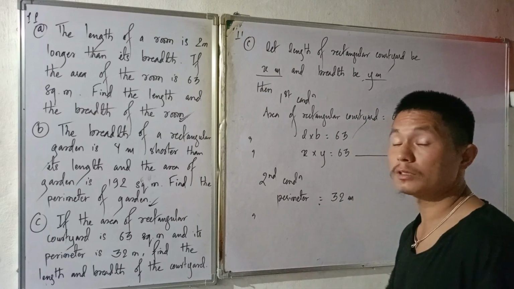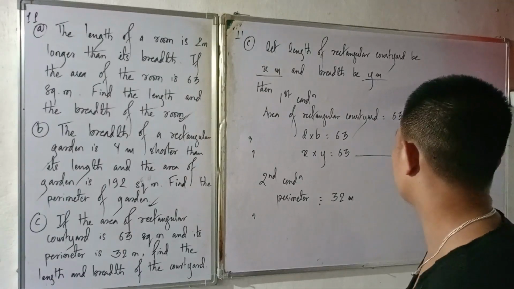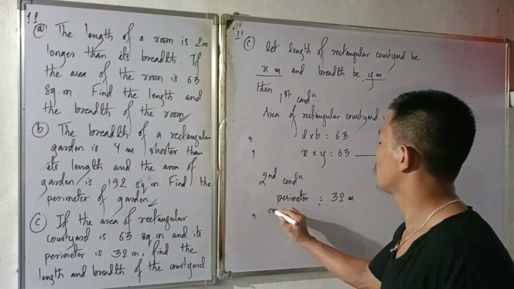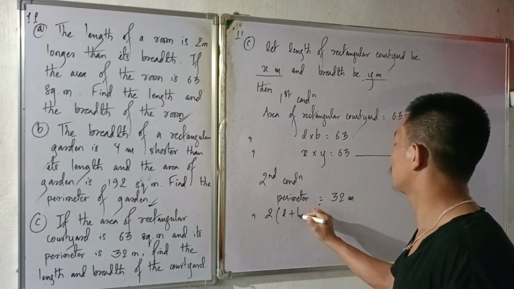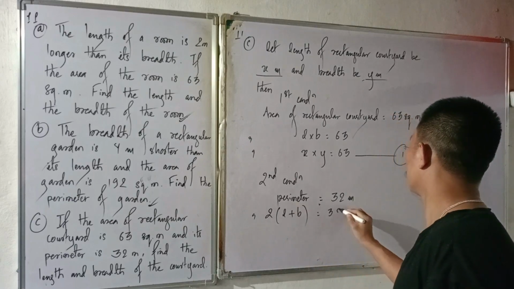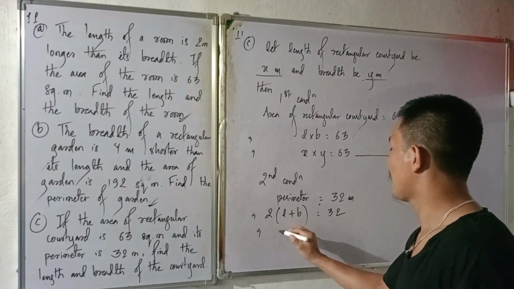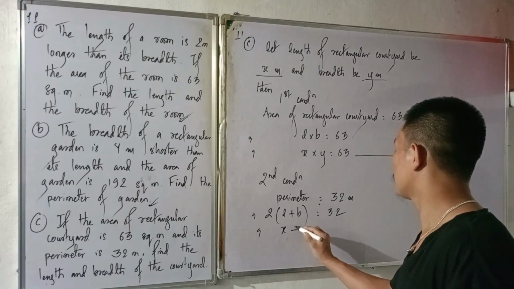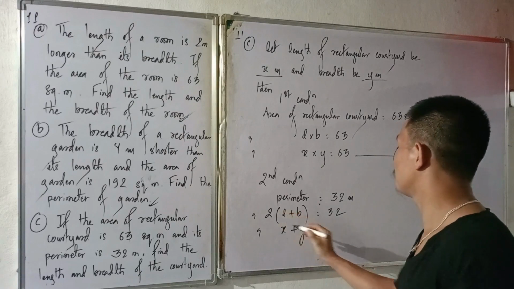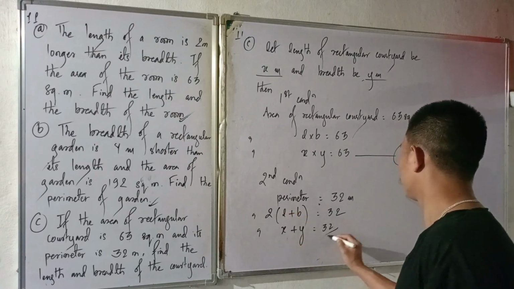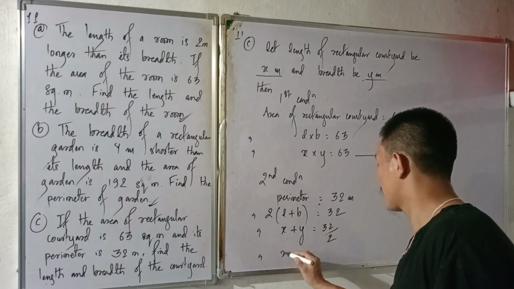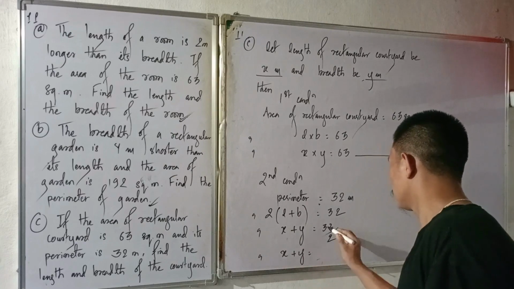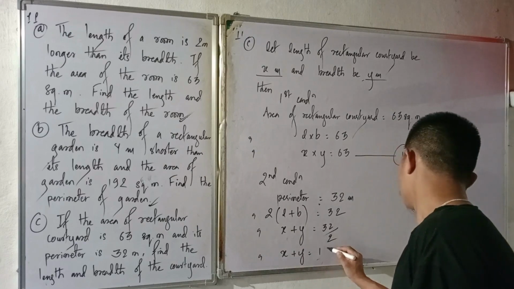So what is the formula for the perimeter of a rectangle? 2 times L plus B. You just use the formula, and L we have x, and B we have y. Let's move the 2 to the other side, 32 by 2, or x plus y equals 16.